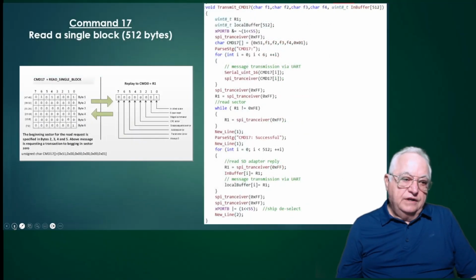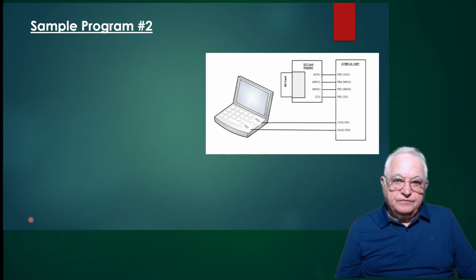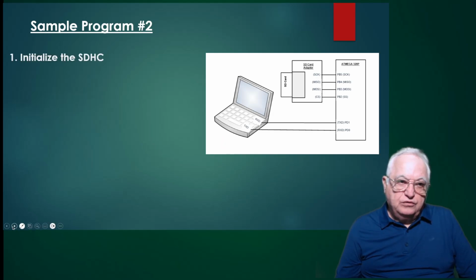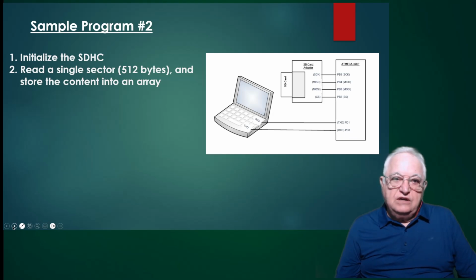Okay, so next what we're going to do is go through our sample program. We have the same interface as before, and this time, as usual, we have to initialize the SDHC. Next, we are going to read a single sector of 512 bytes and store the contents into an array.